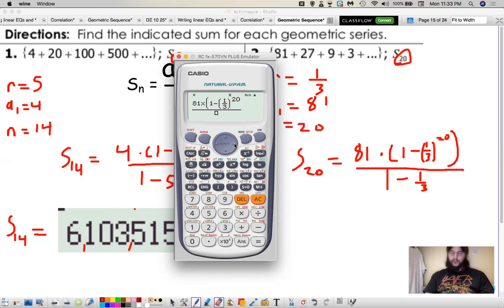Get out of that exponent and close off this parentheses right here, saying what to multiply 81 by. And on the bottom, 1 minus 1/3. And we get 121.5. Cool.